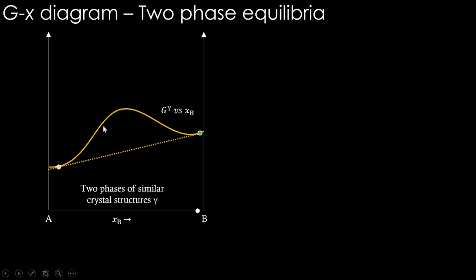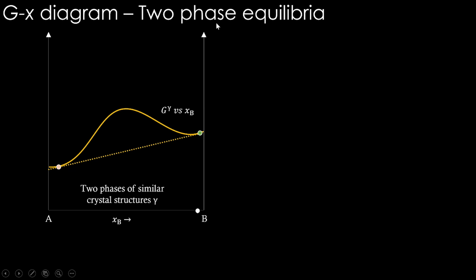Of course, if you try to make this composition stable as one single phase, gamma with gamma structure, it will eventually decompose into two phases with a high B and low B. We also call it unmixing. If you try to make a single phase, it will get unmixed. That's the meaning. So two phases of similar crystal structures appear because of this. So this is one two-phase equilibrium.